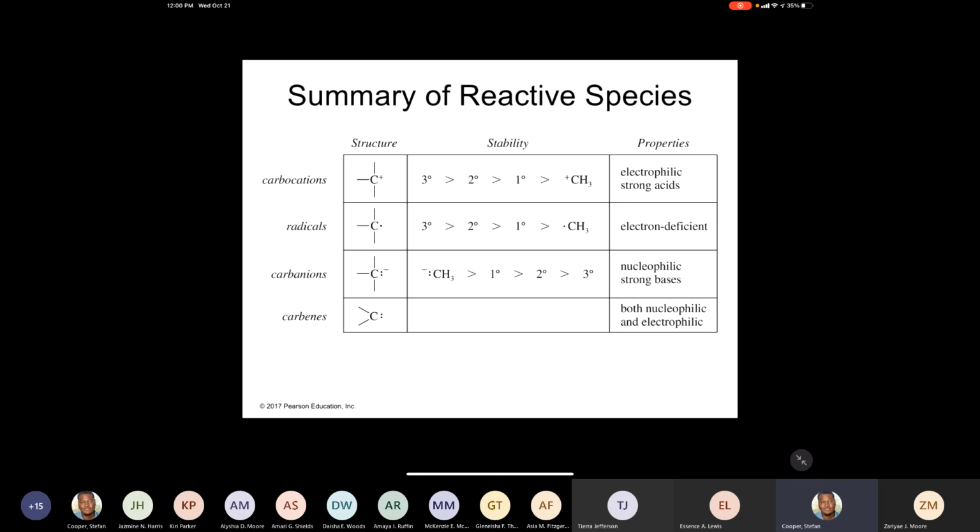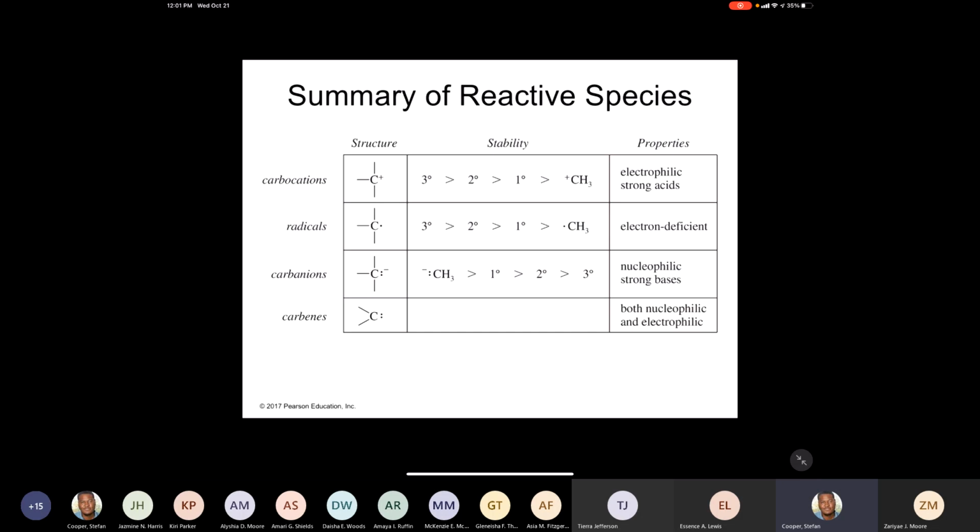The last step is a termination step, right? We're learning that tertiary radicals are more stable than primary radicals, and we understand as well that the major product will come from the more stable radical. We'll break that down a little bit more next class.